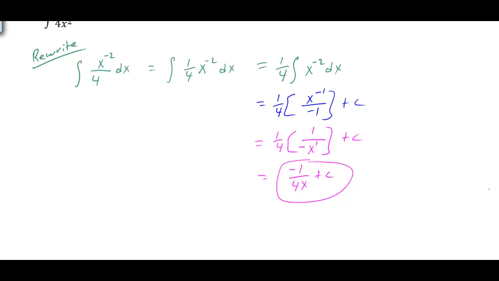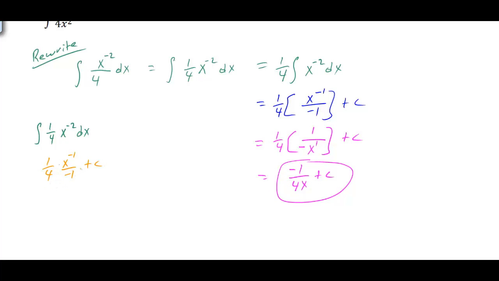Now, real quickly here, I want to show you that if we did get to this point as an alternate way here, we could leave this as the integral of 1/4 x to the negative 2 dx. If we do that, we could simply integrate. We would just still have the 1/4, and we would take x, raise that to the negative 1 divided by negative 1.